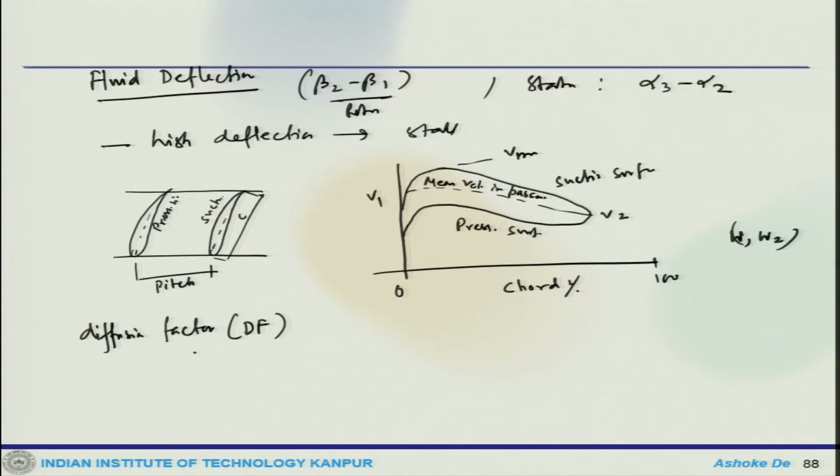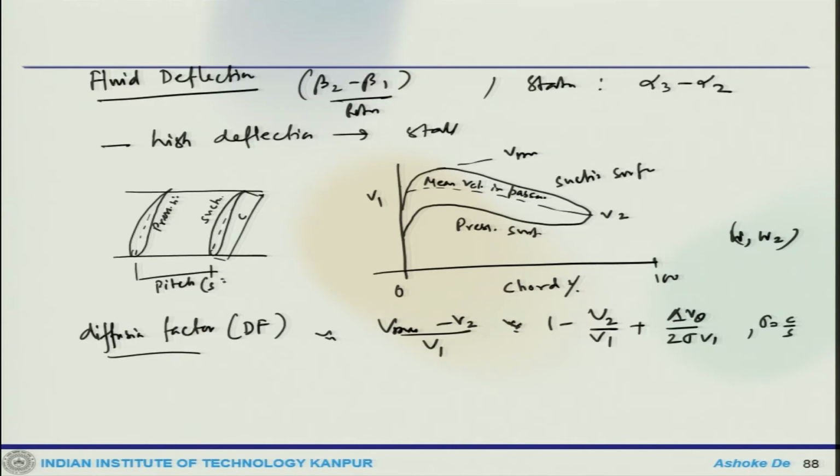So, this can be defined, the diffusion factor. A typical diffusion factor is V max minus V2 by V1, which is 1 minus V2 by V1 plus delta V theta by 2 sigma V1, where sigma is C by S, pitch is S, chord is C.